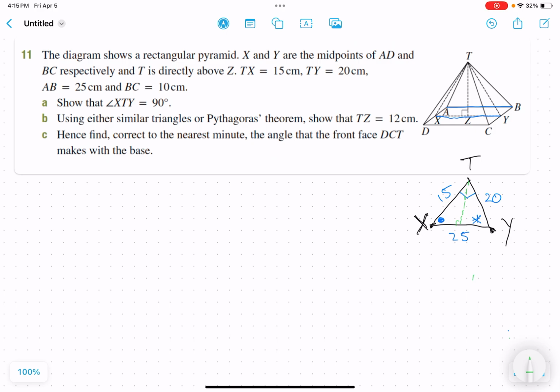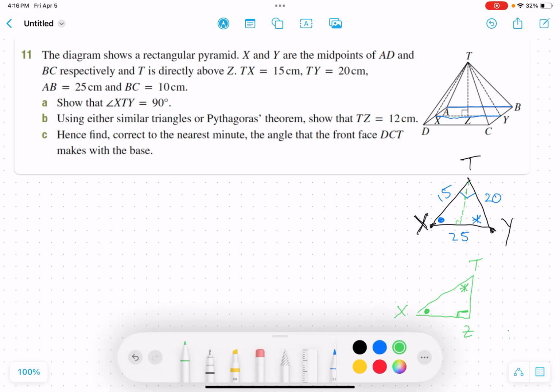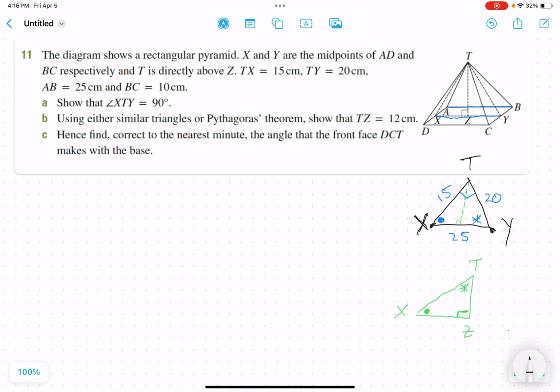If I draw that triangle, that will be Z, that's T and that's X. We've got the angle at X already, that's our dot. Now we've got a right angle, and because of the angle sum of a triangle, this angle must be star, because it all has to add to 180. Because angle X is the same, and we've also got a right angle in both triangles, we can now use similarity to find whatever we're looking for.